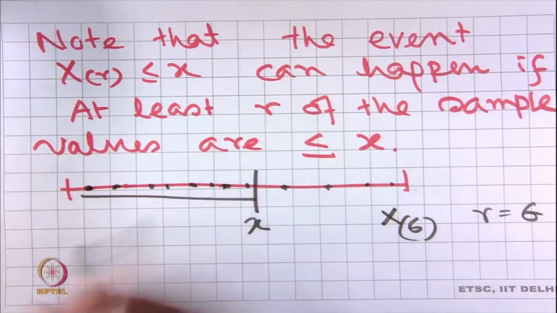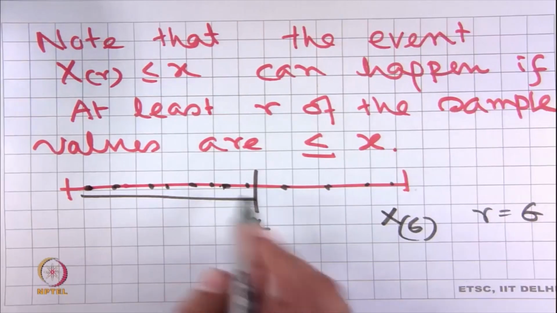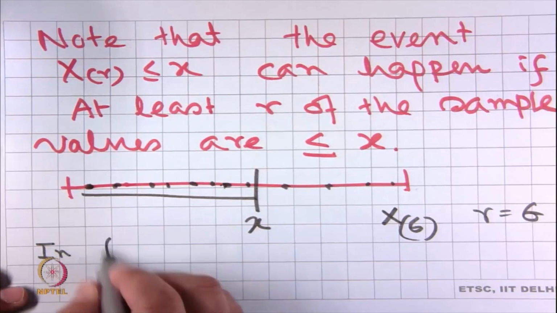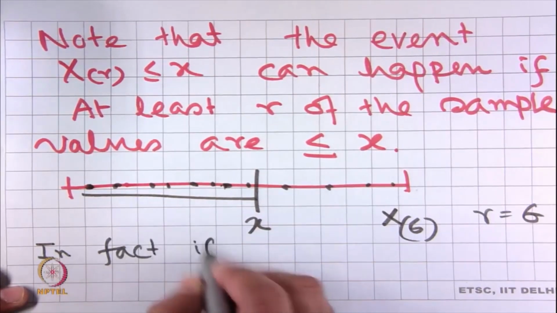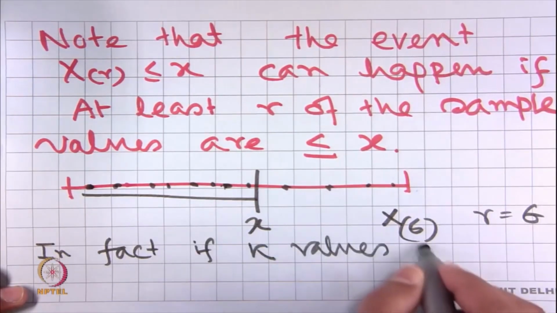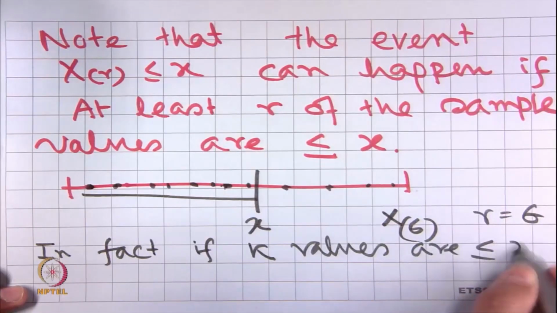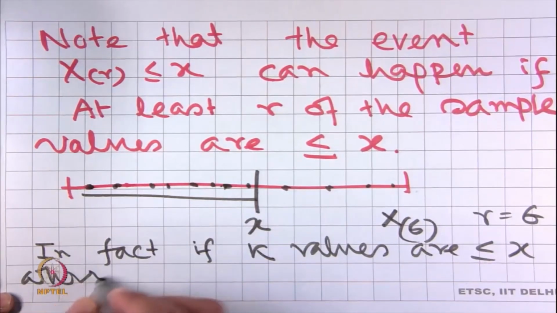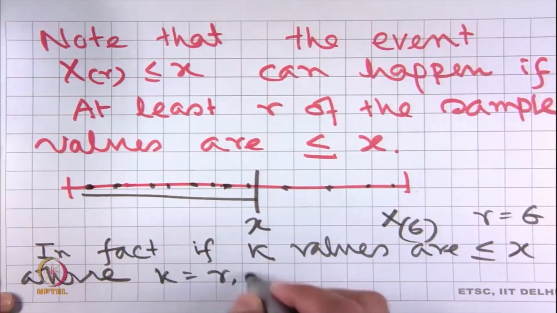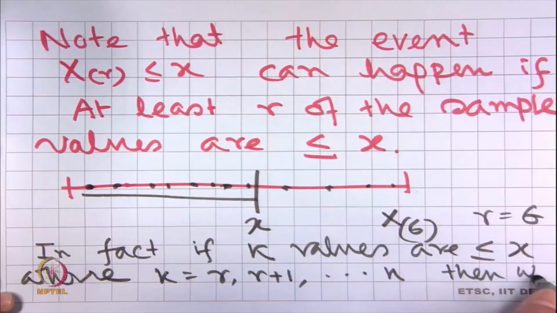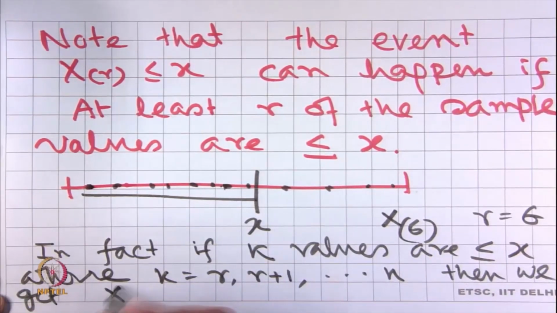In fact, if it is 8, X(6) will still remain less than or equal to x. In fact, if k values are less than or equal to x, where k is equal to r, r plus 1 up to n, then we get X(r) less than or equal to x.